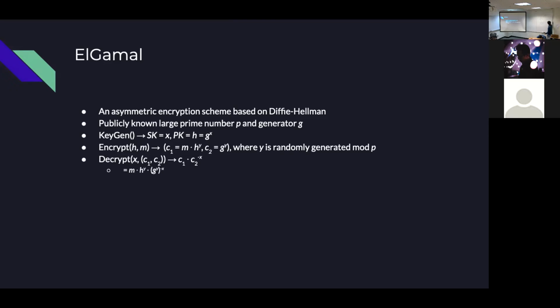We're going to take this C1, which again is really M times H to the XY, so I'm just going to write that out. And we want to multiply this by C2, which again is just this G to the Y, and we want to recover G to the XY.